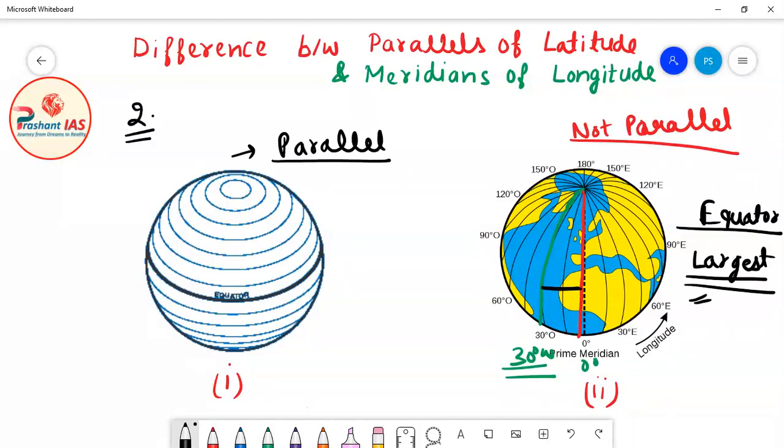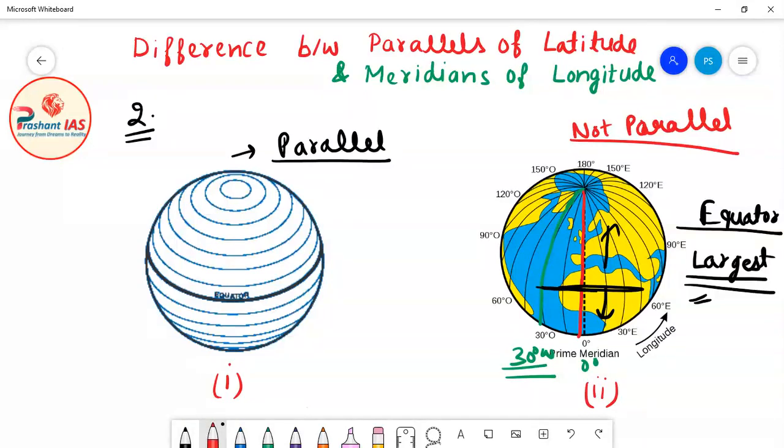But if we are moving to the north or to the south of the equator, let's suppose this line is the equator, then the distance between two meridians of longitude continuously decreases.